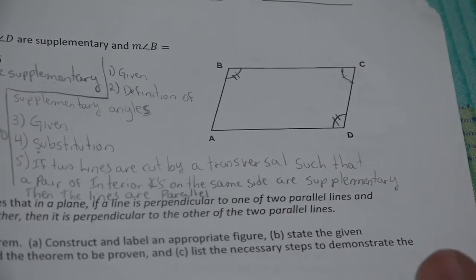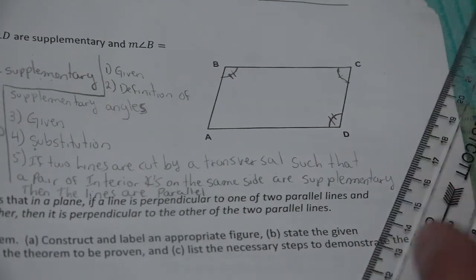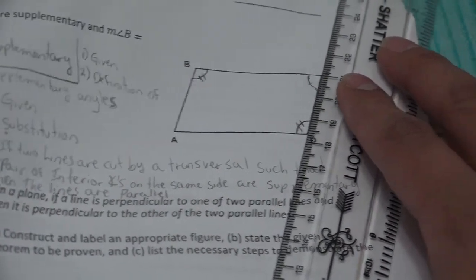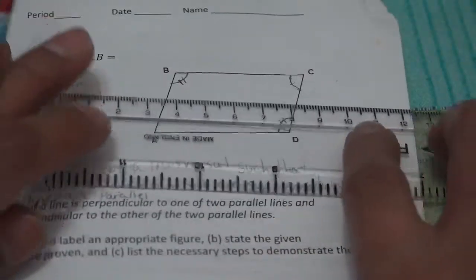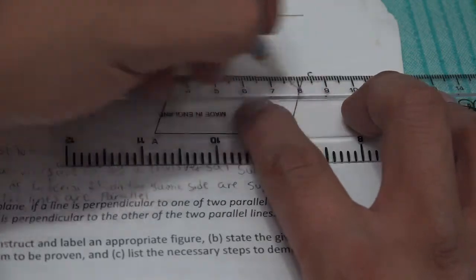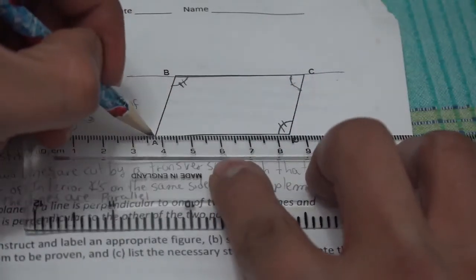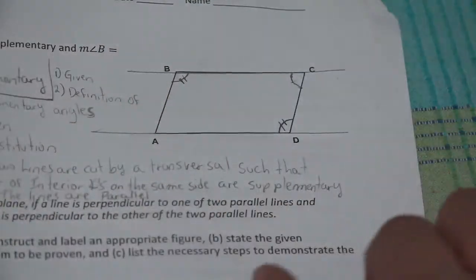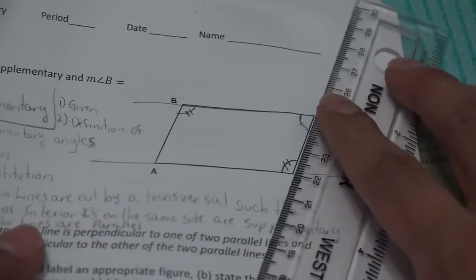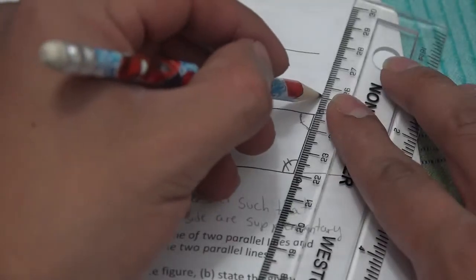Okay, so interior angles. What if I was to, let us just draw this right here. In my diagram, I could extend the lines so you could actually see where I come from. Now these transversals need to be longer.